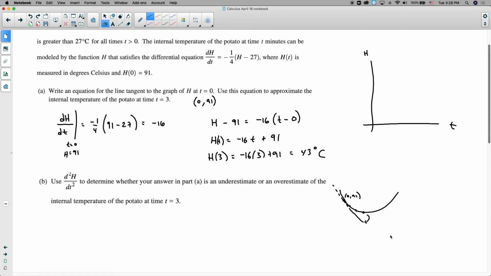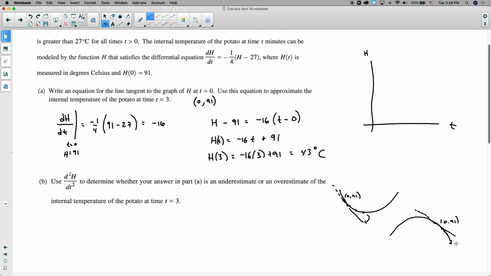Okay, so if it turns out that it's concave down, then our 0, 91 is somewhere on this side, so that the tangent slope again is negative, so something like negative 16, right? And then 1, 2, 3 is out here somewhere, further to the right.